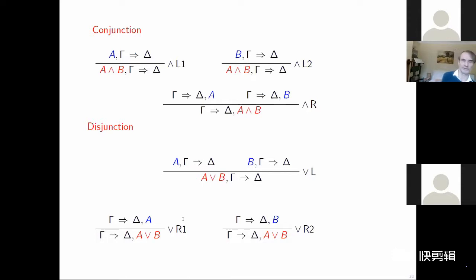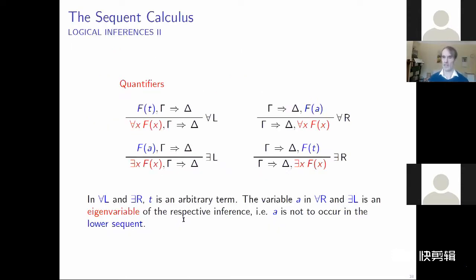Then you go through all of these logical particles. For the quantifiers, we have the obvious ones. Here, for instance, you introduce a universal formula in the succedent, and you can do it if you have already arrived at gamma yields delta together with F(a).